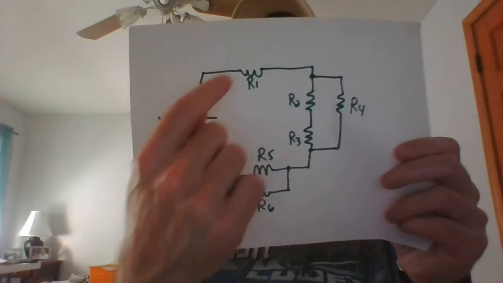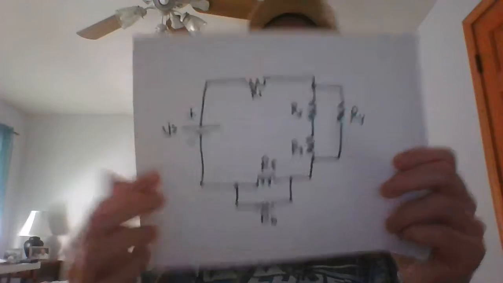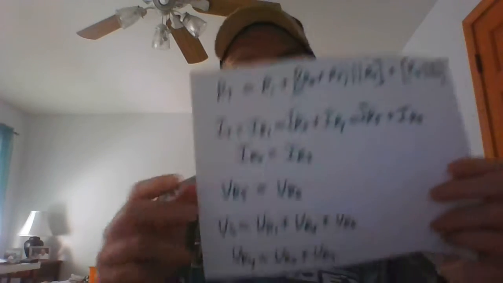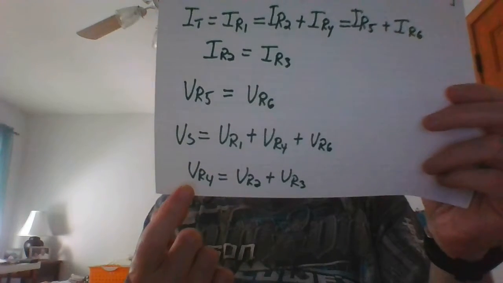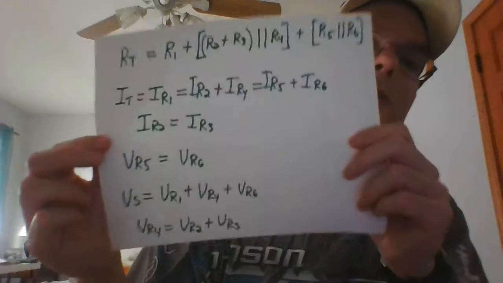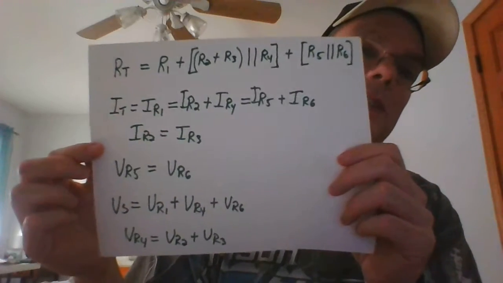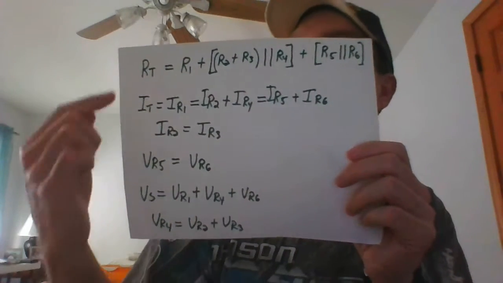You could write some other combinations, but really that one's fine. And then the absolute last thing I wrote is Kirchhoff around that series parallel combination. So VR4 is equal to VR2 plus VR3. Once you have these equations written, everything you can think of about voltage and current and those relationships and the total resistance, then you start to pick up your calculator and start to do calculations.